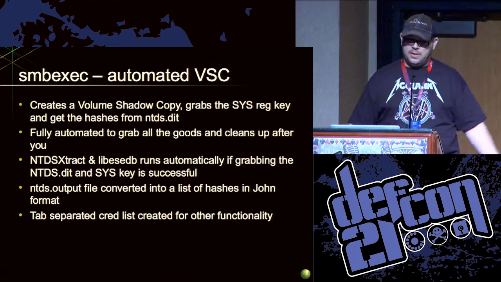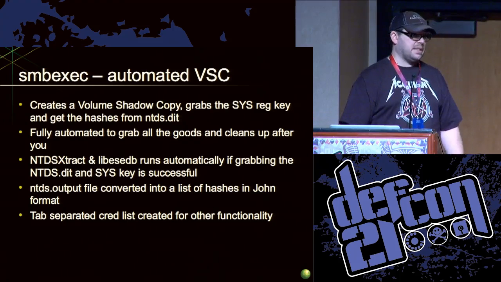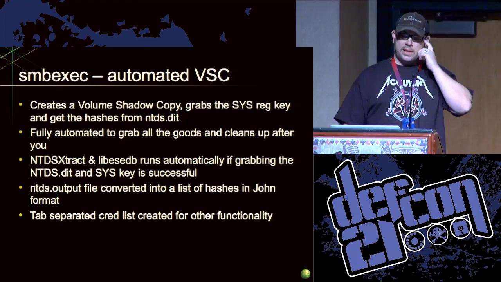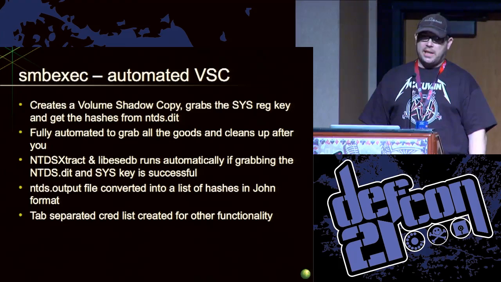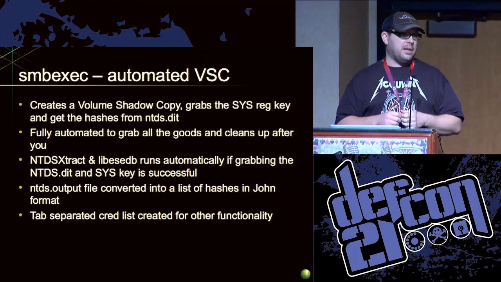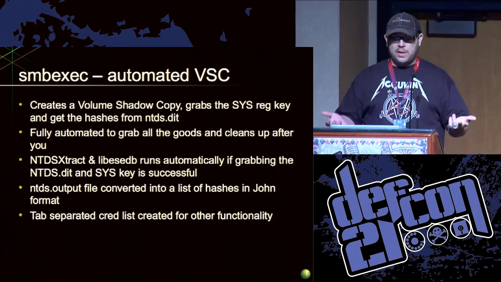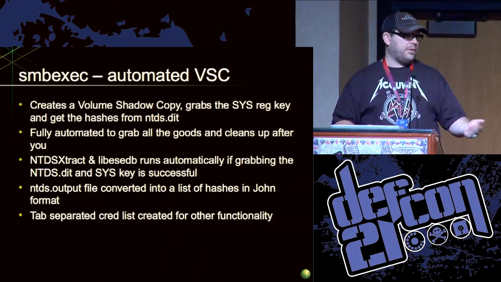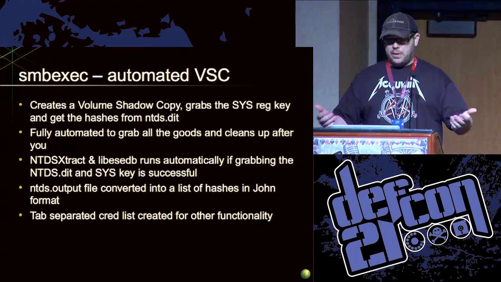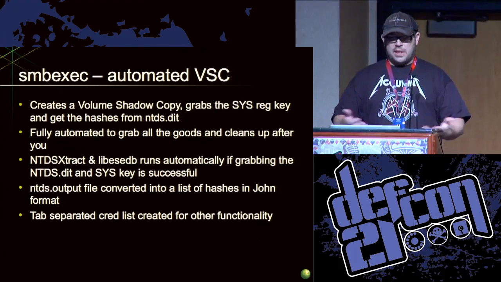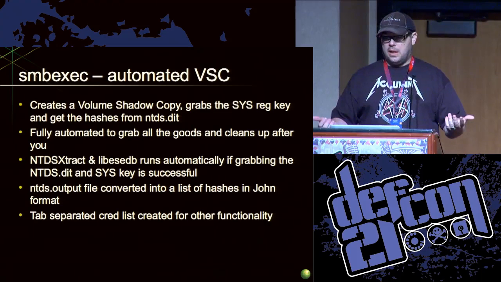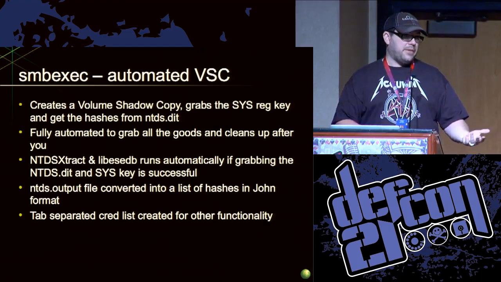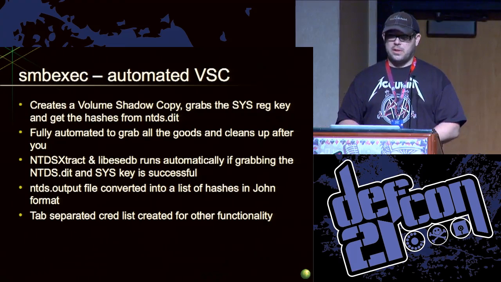So with smbexec, we're like, let's get stuff off the domain controller too while we're at it. So again, I went to my friend Google, and Google told me how to run everything from the command line. What this will actually do is log in over 445, create a volume shadow copy, and save off the ntds.dit and the sys key. When it's done, it'll clean up after itself. It deletes the volume shadow copy it created.